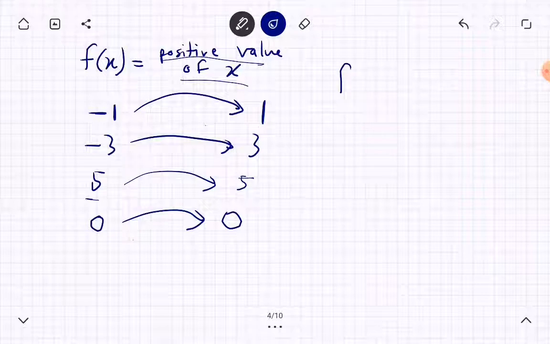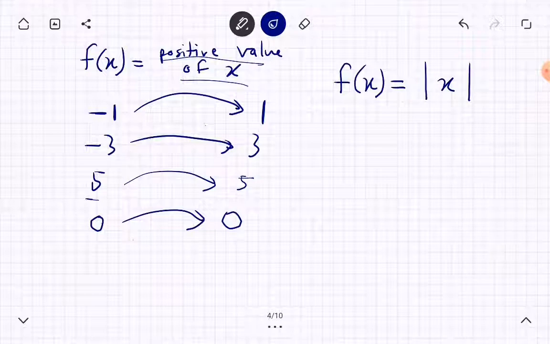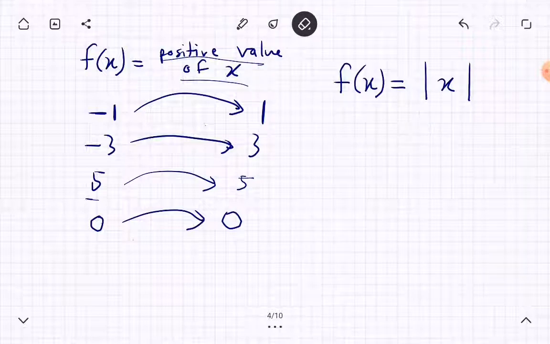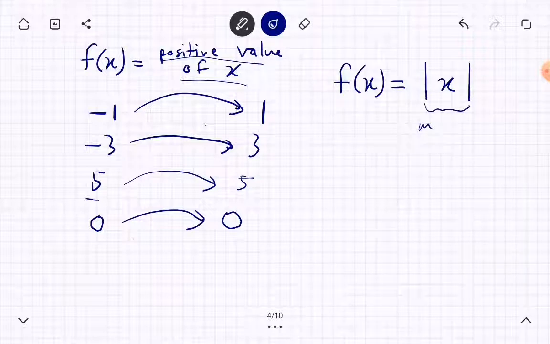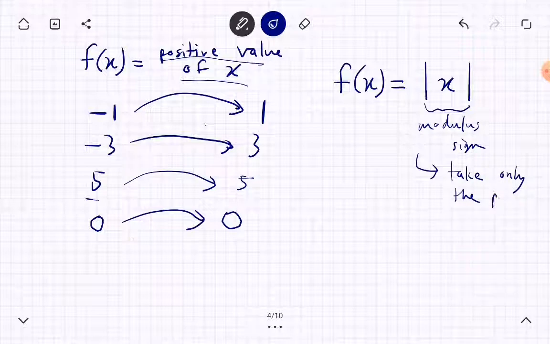There is a way to write this: you put these 2 bars around x, which is the input, and these bars form the modulus sign. What the modulus sign is saying is take only the positive value of x.